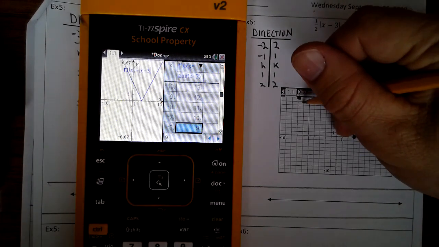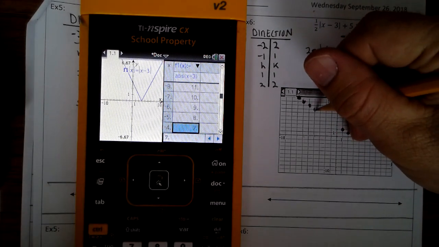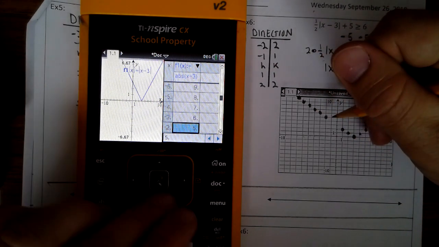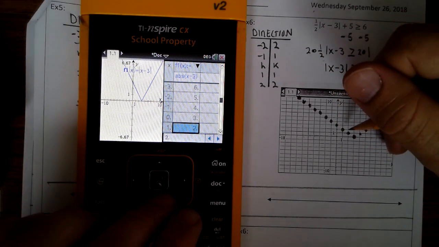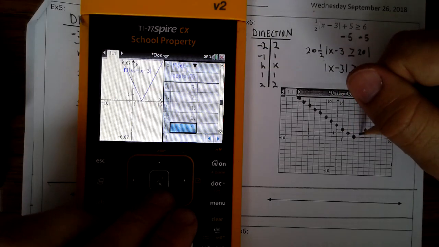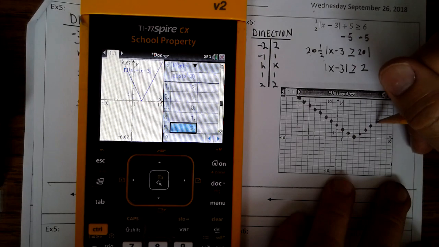And then -6, 9, -5, 8, -4, 7, -3, 6, -2, 5, -1, 4, 0, 3. We've had 1, 2, 2, 1, 3, 0, 4, 1, 4, 2. And you can kind of already get the shape here.